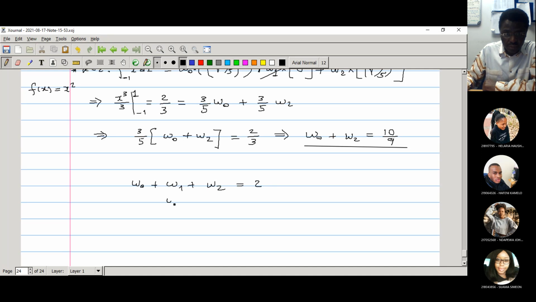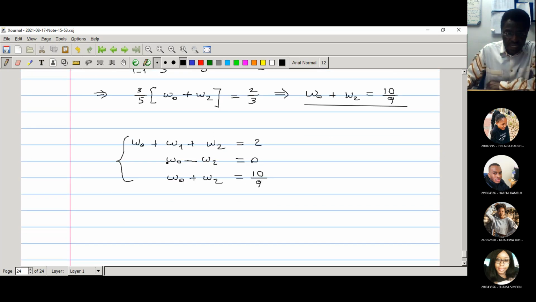The second one is W0 minus W2 equal to 0. And the last one is W0 plus W2 equal to 10 by 9. So this is our system.